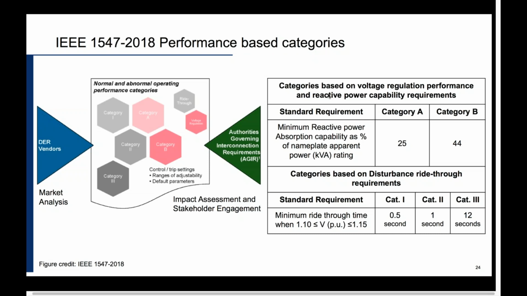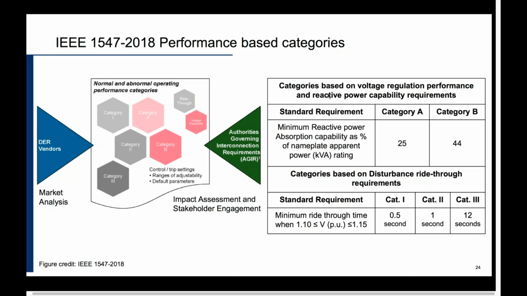1547-2018 provided two modes, which is category A and B, when a DER is operating in a normal voltage operating condition, whereas it provided three categories, 1, 2, and 3, when there is a fault or an event on the system. Category A and B, as you can see, have different limits.